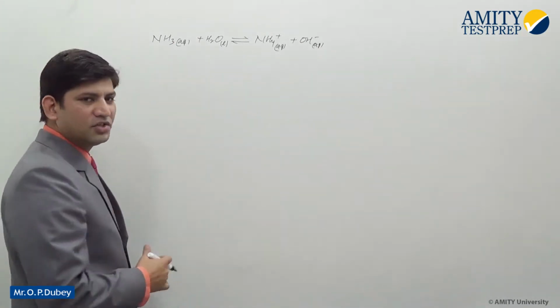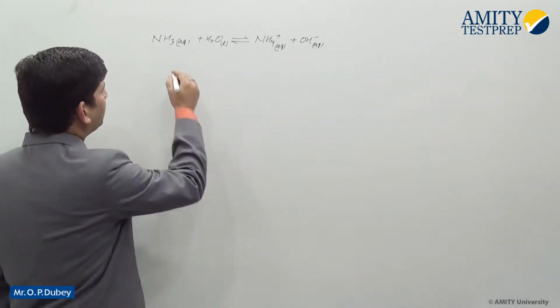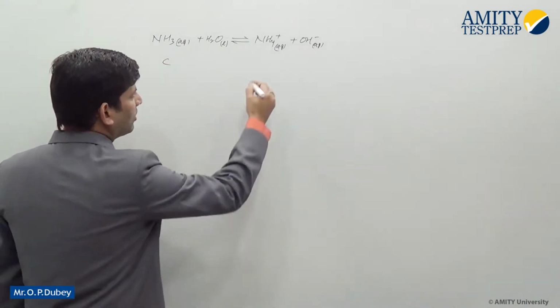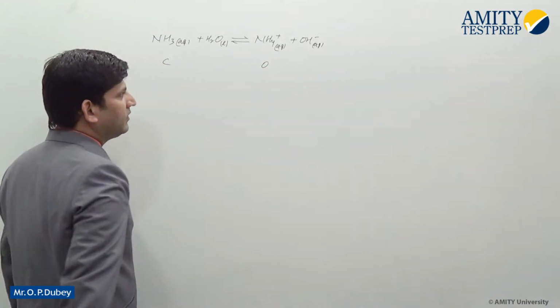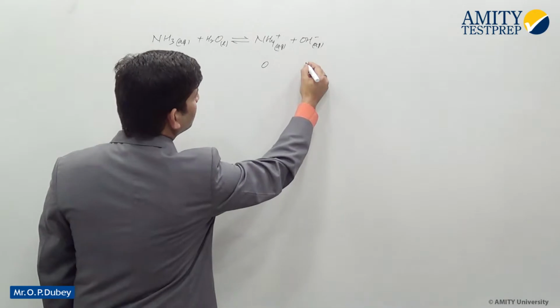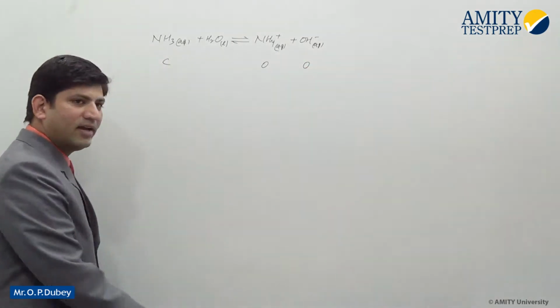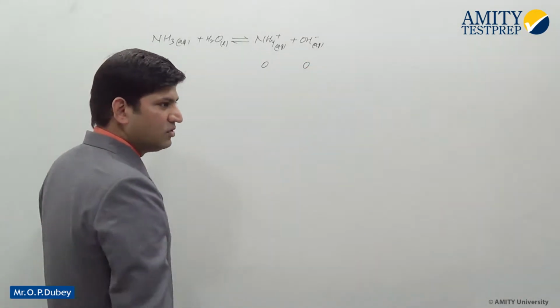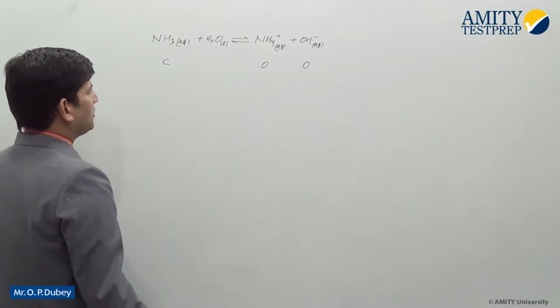Again, if the concentration of ammonia in the solution is C, the initial concentration of the ammonium ion and the hydroxyl ion in the aqueous solution is 0, 0. This is the initial concentration.